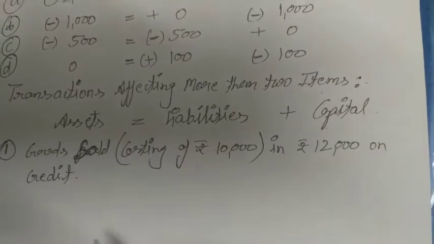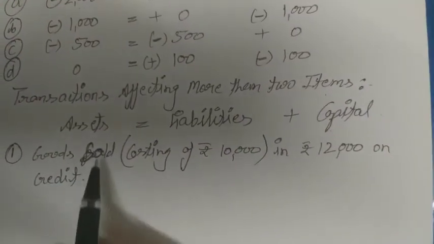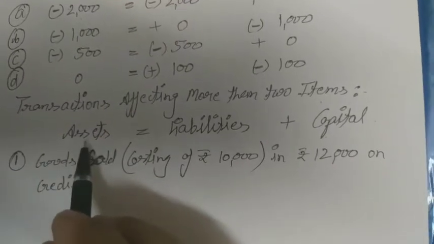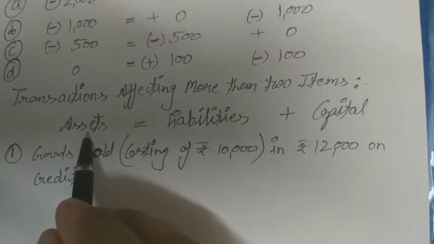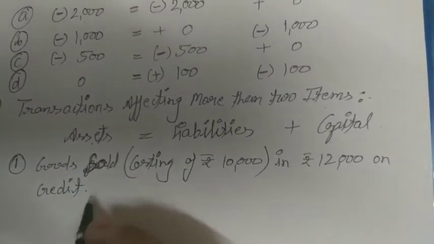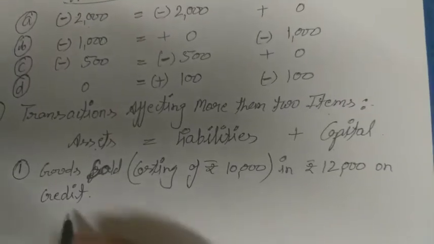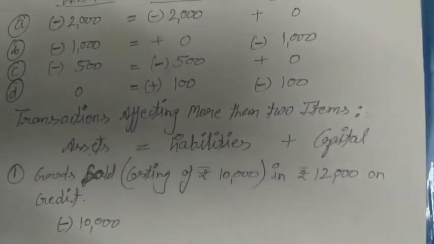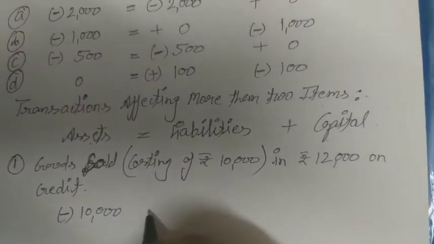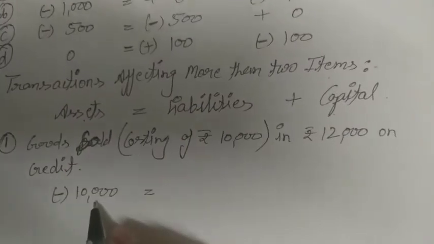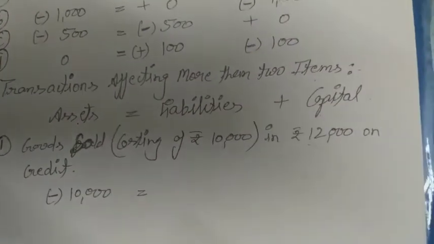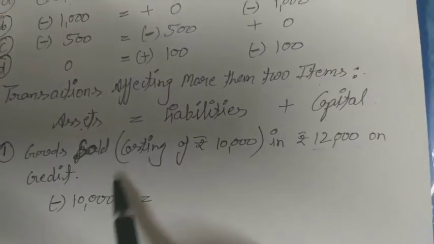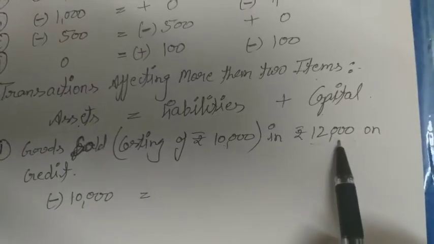If we sell the goods, goods come as stock and stock comes under assets. So it will be subtracted by rupees 10,000 as goods. These goods costing 10,000 rupees are sold for 12,000.